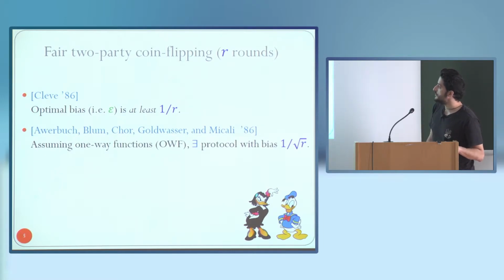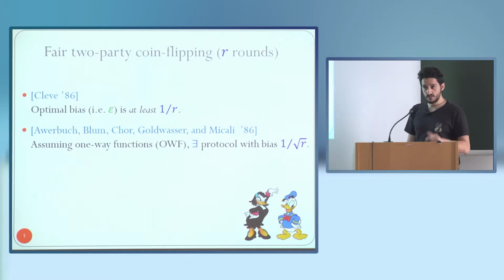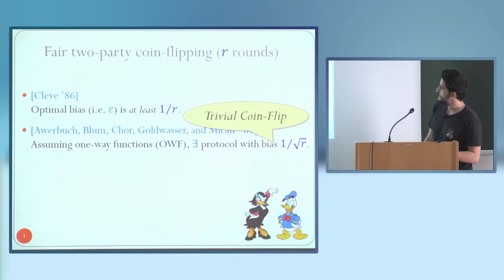Averbuch et al. showed that assuming one-way functions, there exists a protocol with bias, so the fairness advantage, of 1 over square root of R.